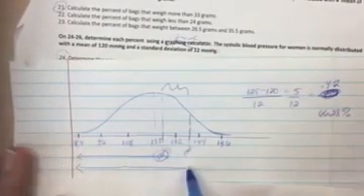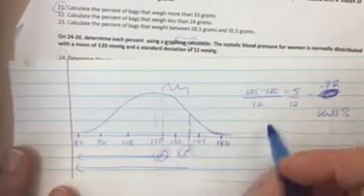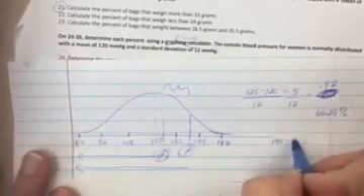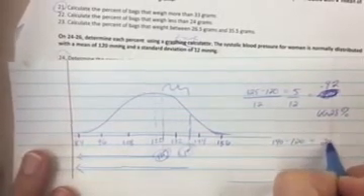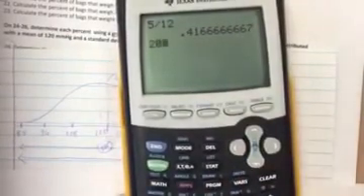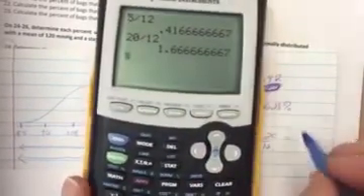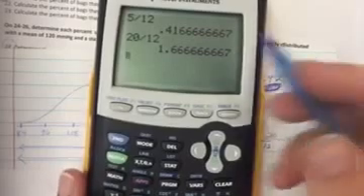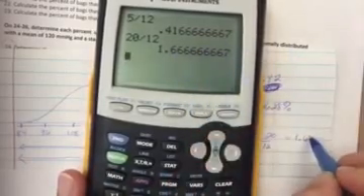Now we just need to do the same thing again for 140. How much falls beneath 140? Well, how many standard deviations away is 140? Well, 140 minus 120 equals 20, but how many standard deviations is that? Divide by 12, right? So 20 divided by 12 is 1.67, rounded to the hundredths for the z-score chart. So 140 is 1.67 standard deviations away.